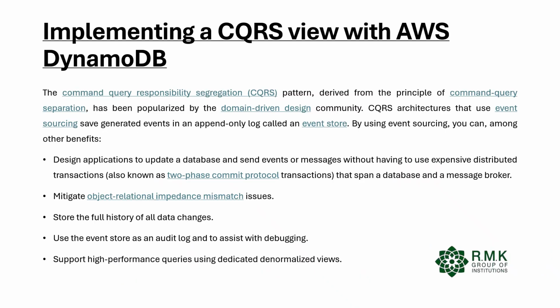Here, implementing CQRS with AWS using DynamoDB, we are using Command Query Responsibility Segregation. Command query separation was popularized by domain-driven design. A CQRS architecture that uses event sourcing saves the generated events in an append-only event store.